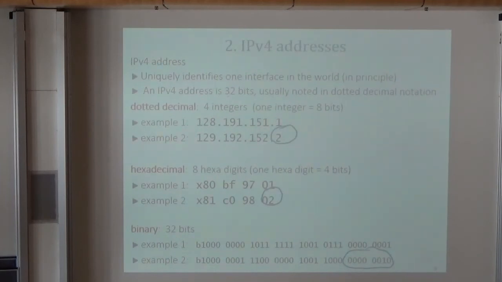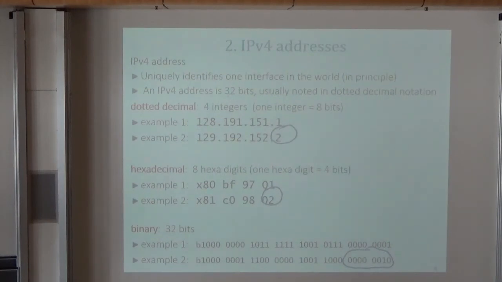They are written by groups of 8 bits in decimal notation, which is a very cumbersome thing, but it's done because when this was invented, people were not familiar with hexadecimal digits. We can and we will sometimes write them using hexadecimal digits. So, for example, the 128.191.151.1 address is 80BF9701 in hexadecimal.